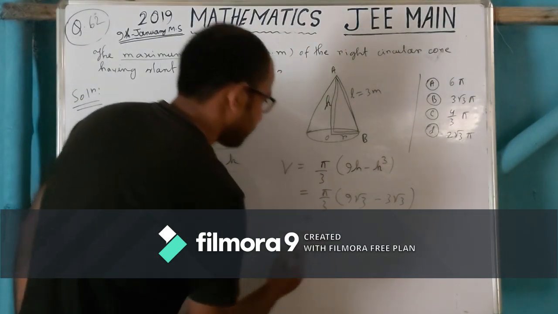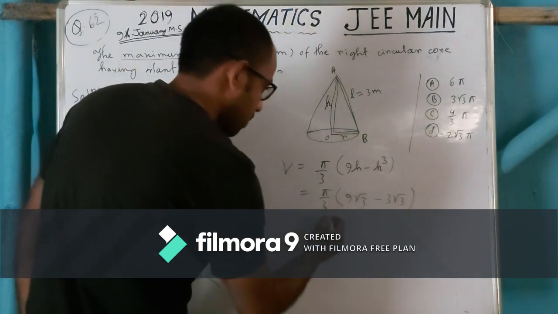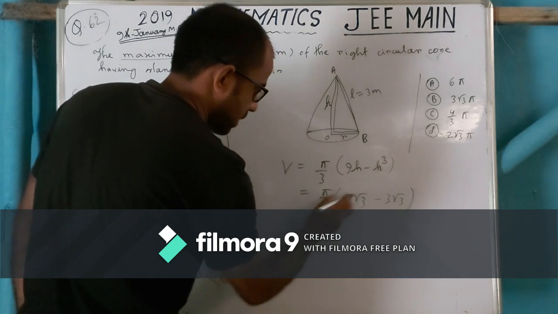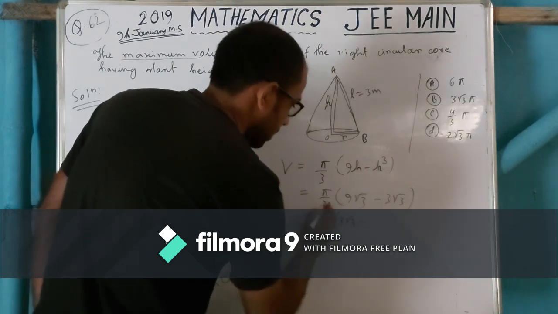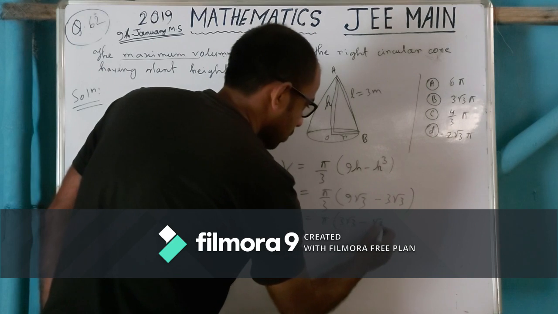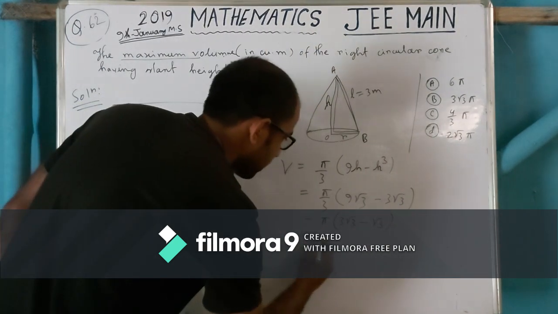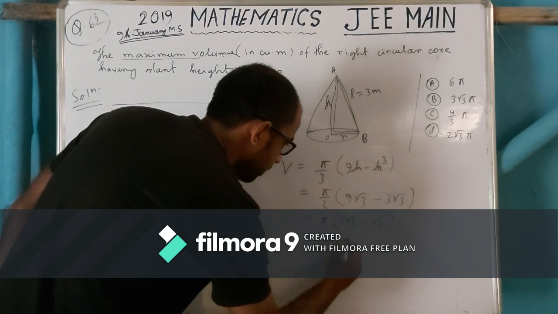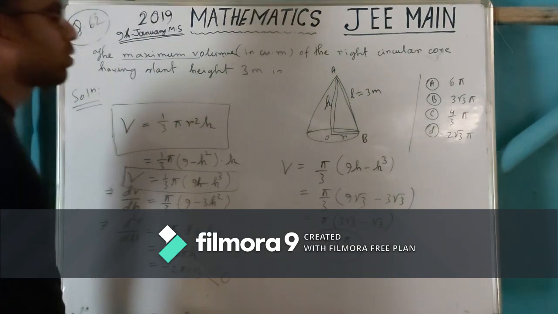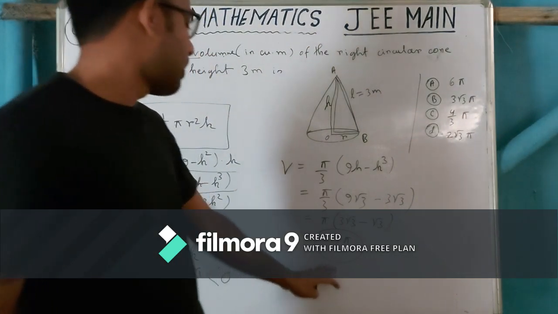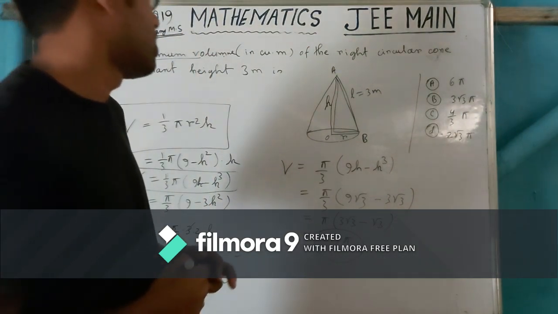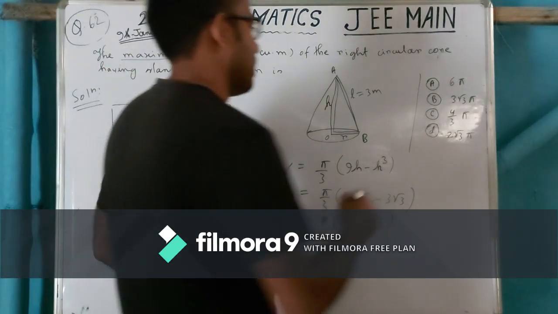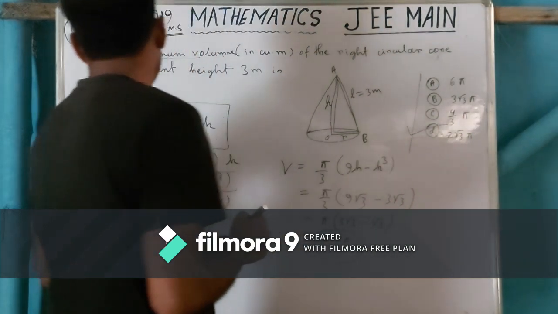So pi into, cancelling the 3, root 3 and the difference 2 root 3 pi. So V equal to 2 root 3 pi, which is the maximum volume of the right circular cone of the given problem. So the answer D is correct.